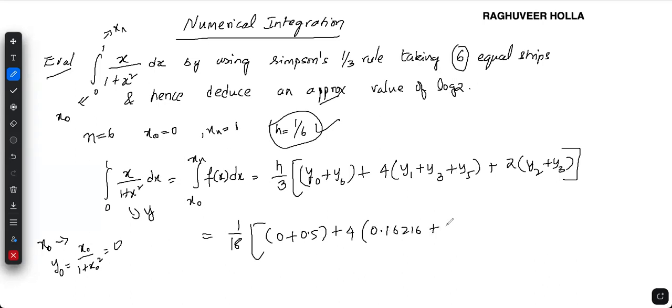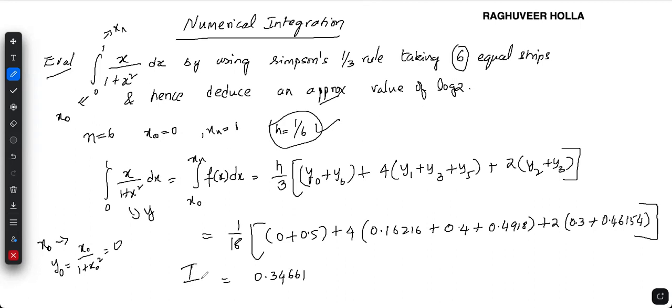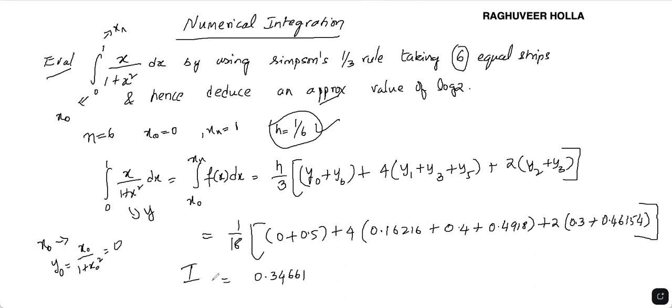Please substitute the values. So we have substituted this. Let us simplify this. You get this as 0.34661. So keep this as I.